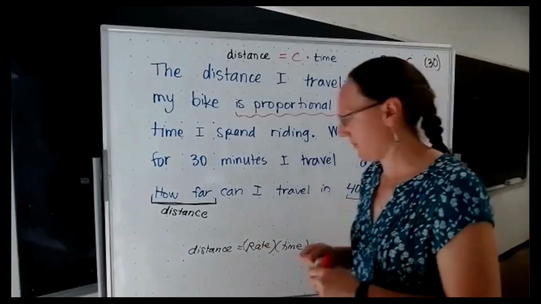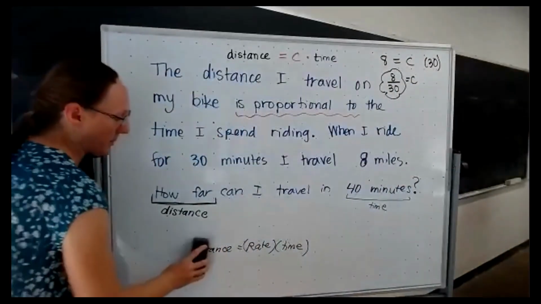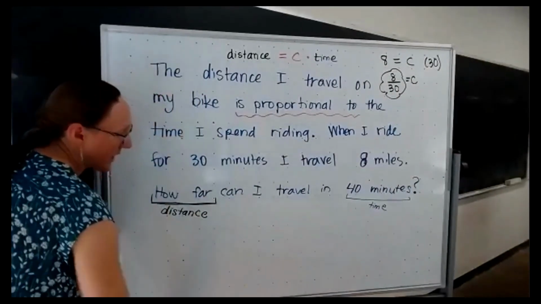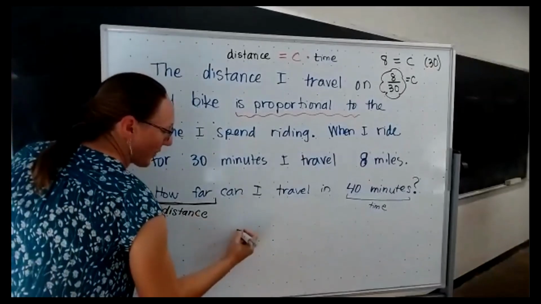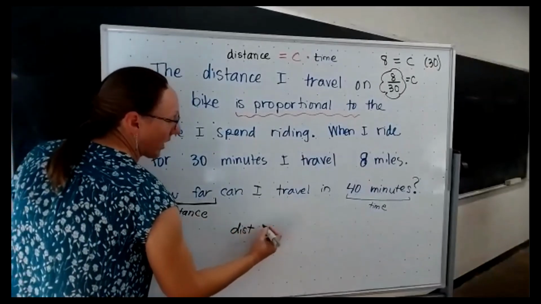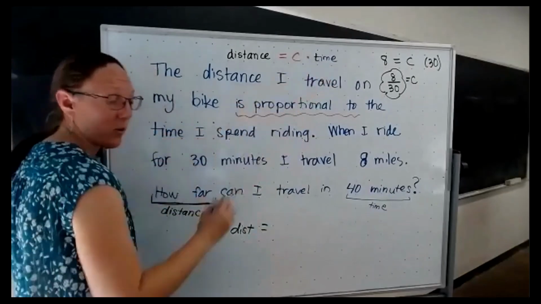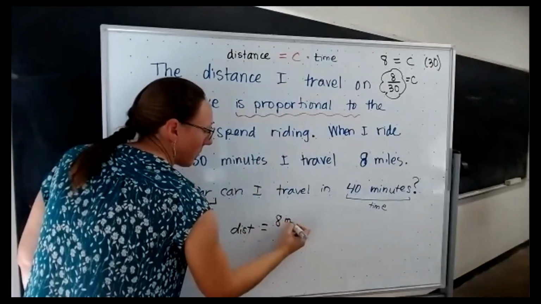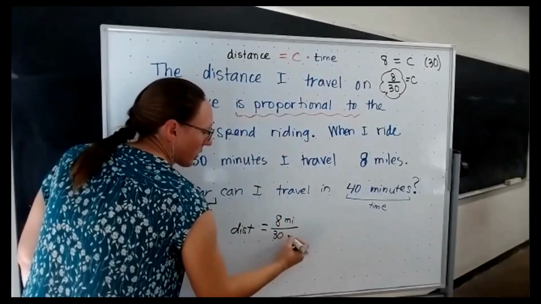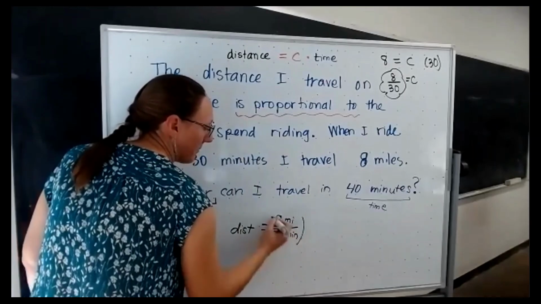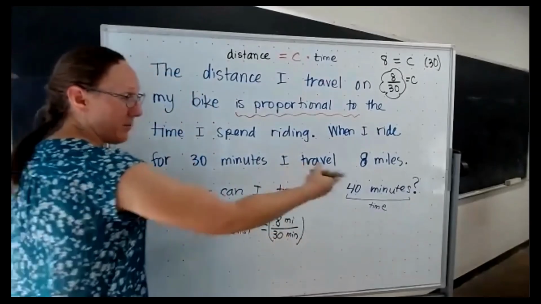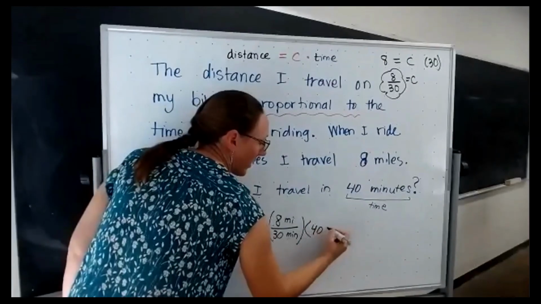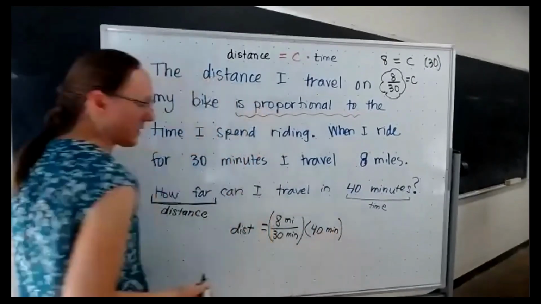Because I'm running out of a little bit of space on the board, I'm going to go straight to plugging stuff in. So that distance that we're looking for is equal to that rate of 8 miles per 30 minutes times my time of 40 minutes.